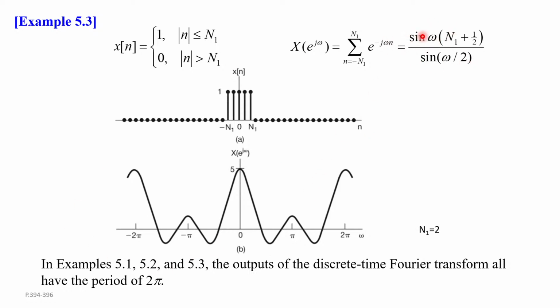So sinc function is like sin omega over omega. But that is not going to be periodic, so instead we have sin omega over sin omega, with a different constant on your omega. So that's the result.